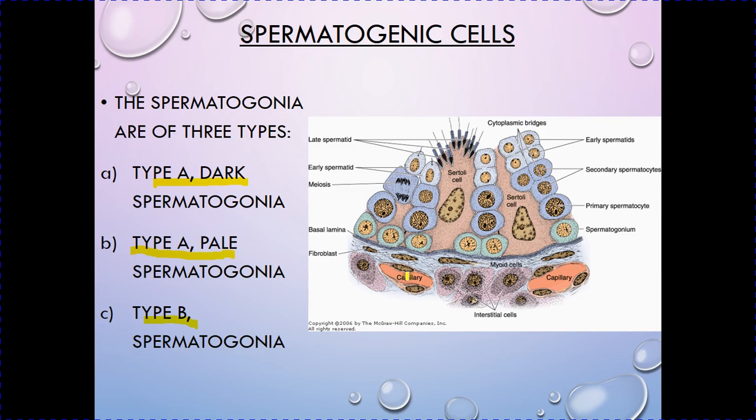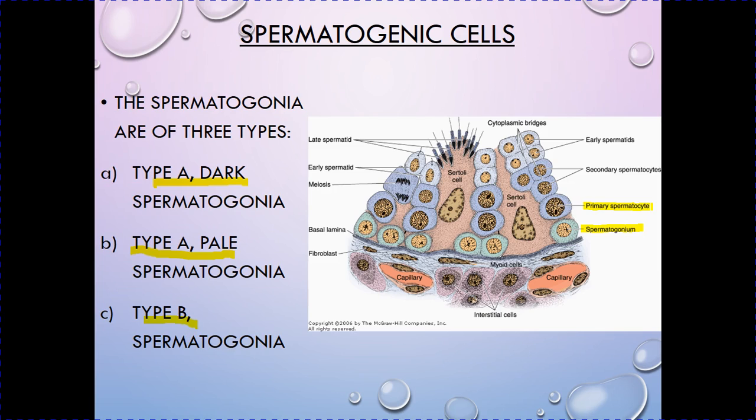So we will look into the figure. Near the basement membrane, we can find the first stage, which is the spermatogonium. The spermatogonia divide, they replicate to form the primary spermatocytes.